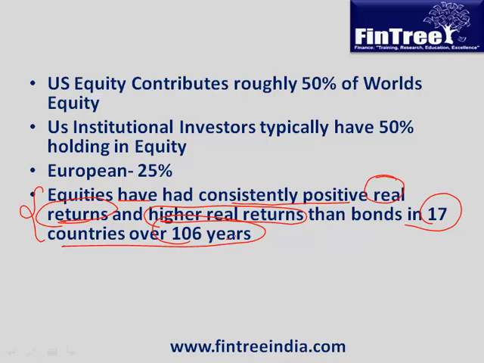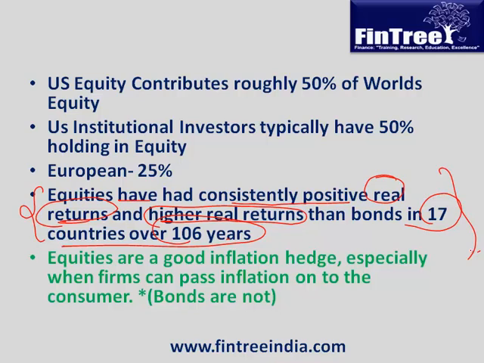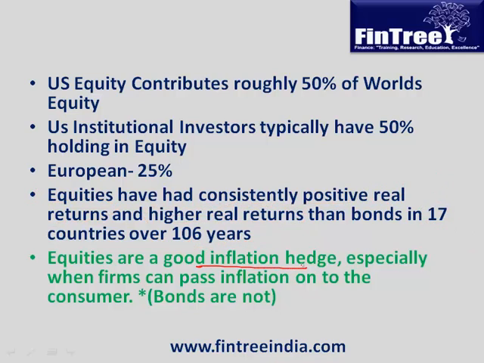Okay, so what they have done is they have given reference to some research paper published by a professor, and this is the research conclusion that is derived. It says 106 years in 17 countries positive return, so must be most of them European. Equities are a good inflation hedge, especially when firms can pass on the inflation to the consumers. Bonds are not.